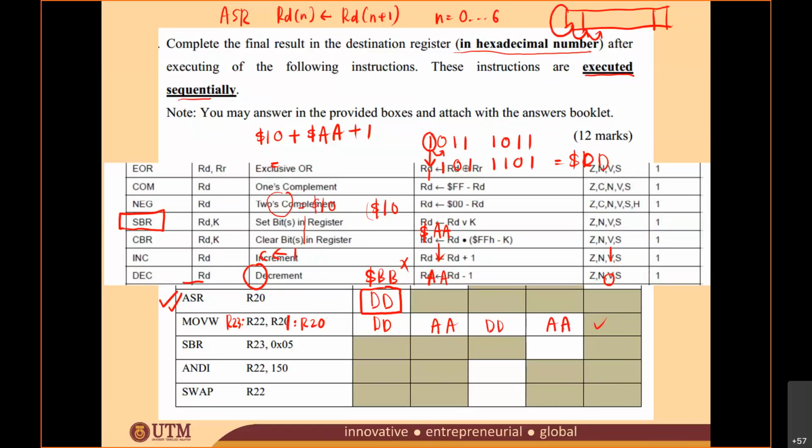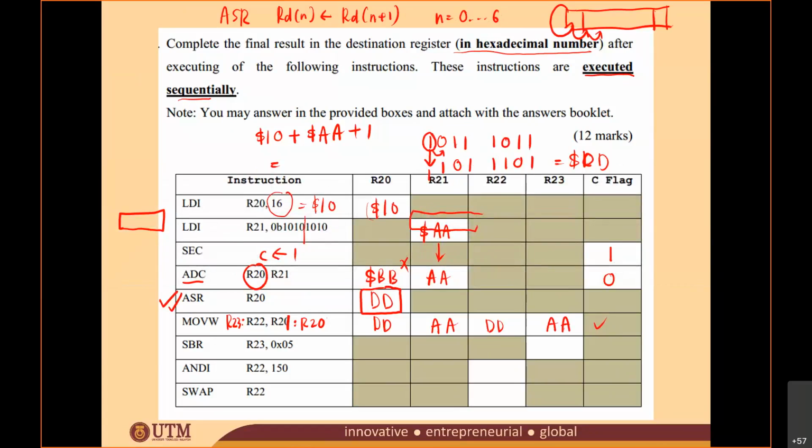And then this is the formula: Rd equal to Rd OR K. You're going to do a logical OR with your K value. Okay, so I padam this one.